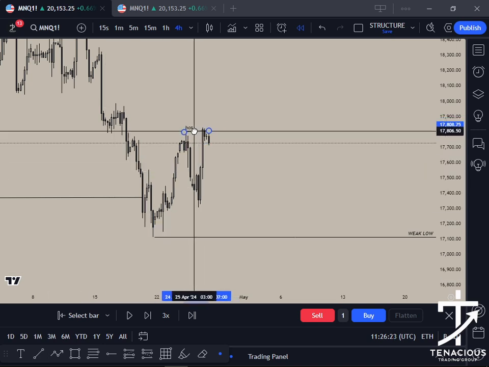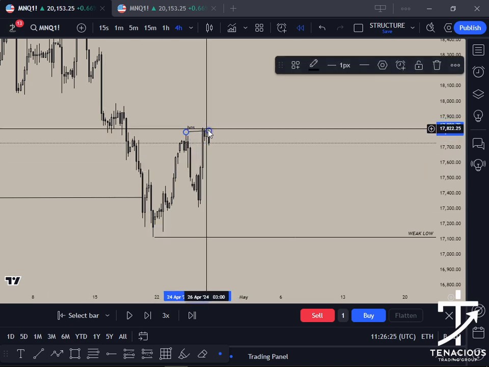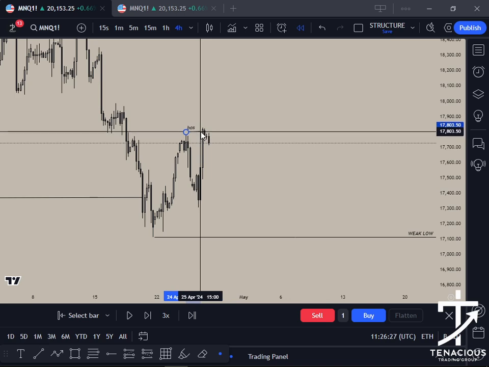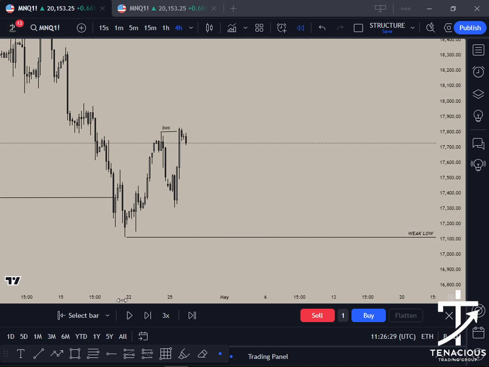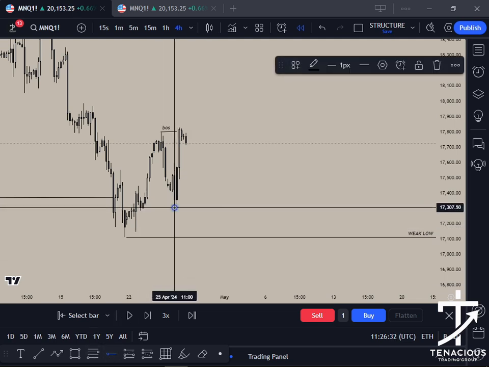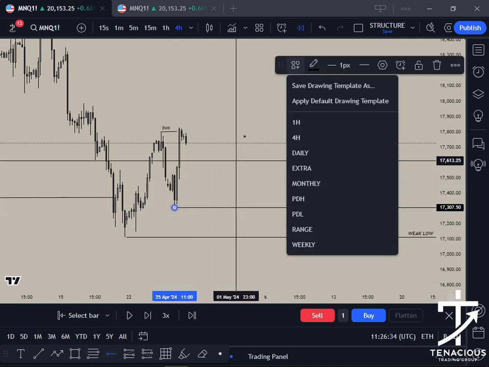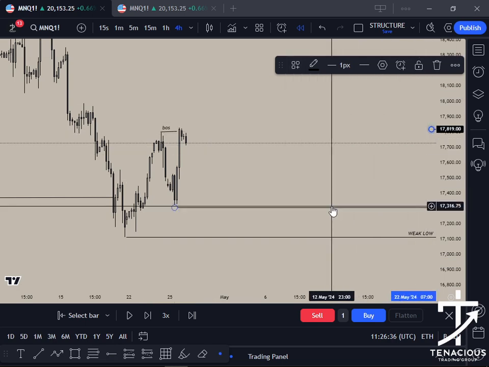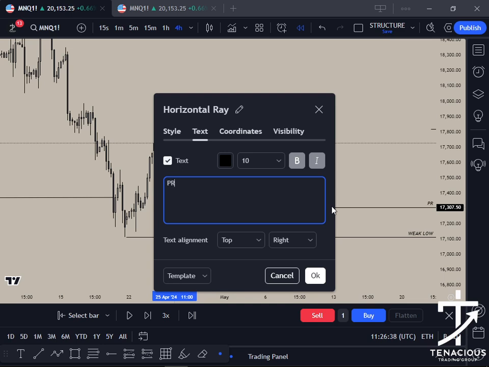So I can move this across. We broke structure to the upside. So now this is my protected internal low.